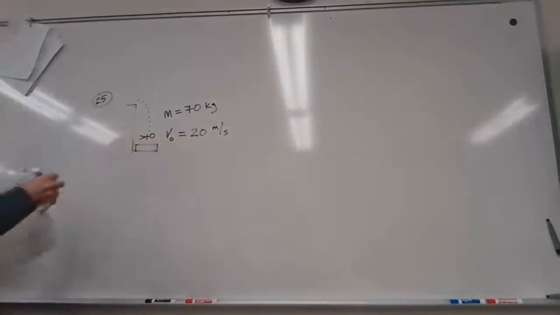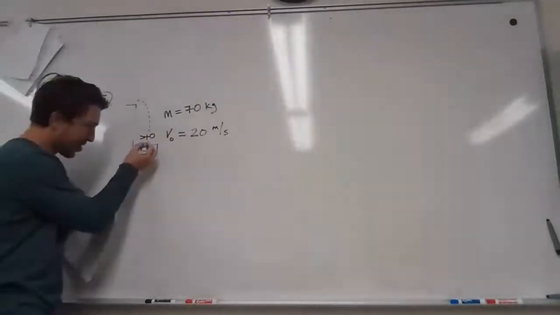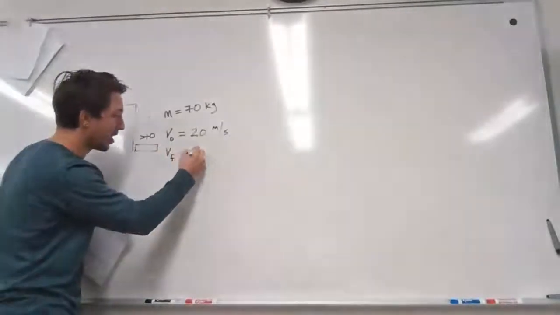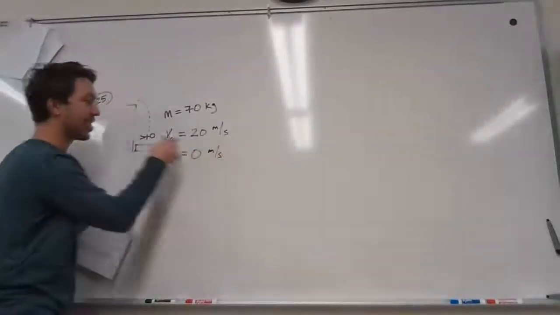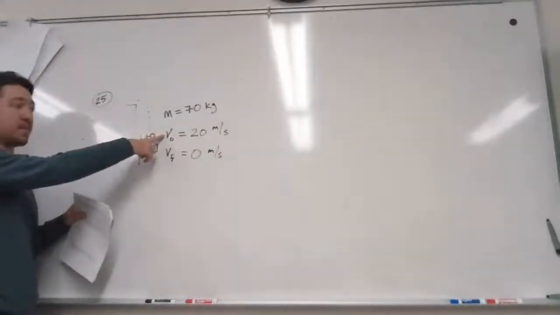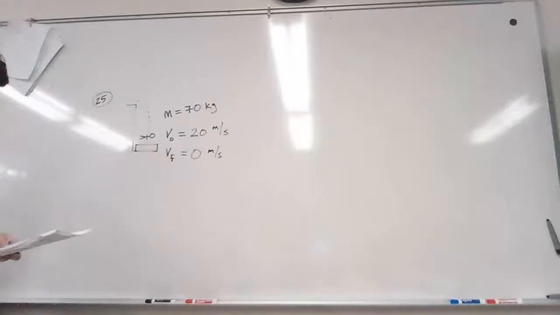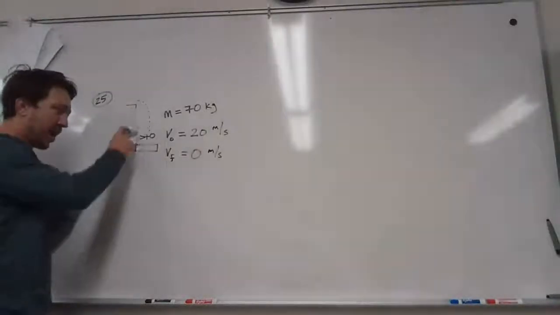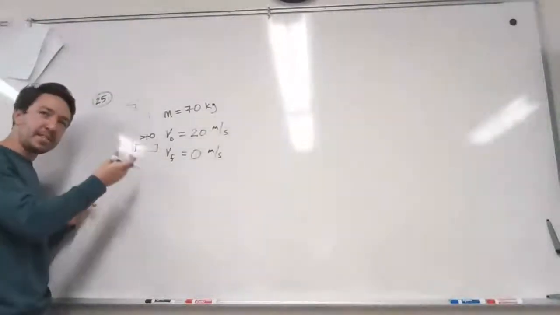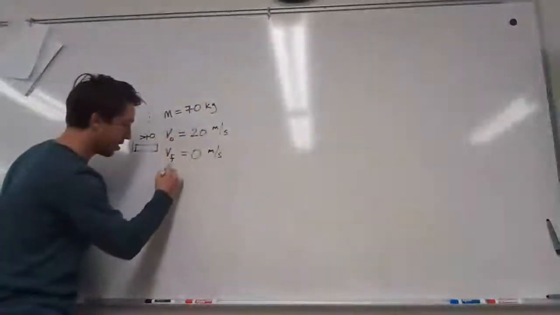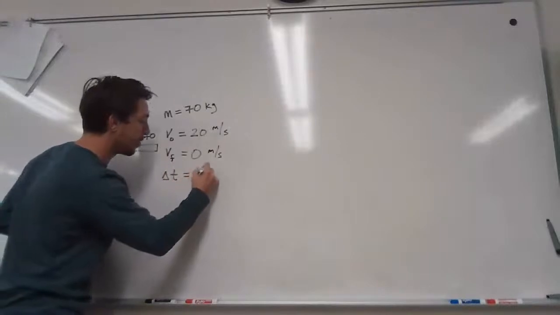And of course, how fast is he going after the cushion has stopped him? It's going 0. So that's what a cushion does in this scenario. It takes you from an initial velocity of, say, 20, and it stops you. It gets you to rest. And maybe we had a high-speed camera or some kind of sensor that told us that this event, him going from this speed to this speed, took a time of 400.